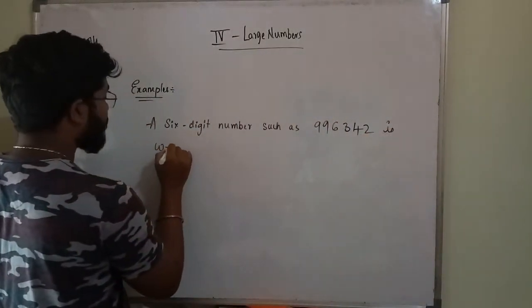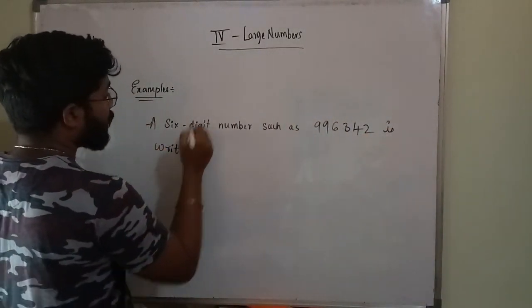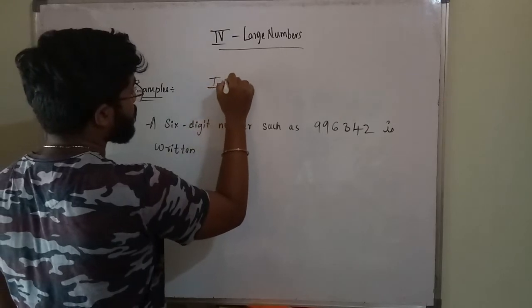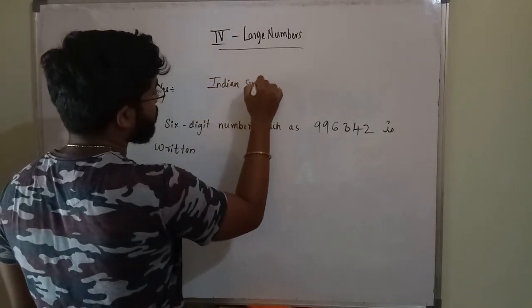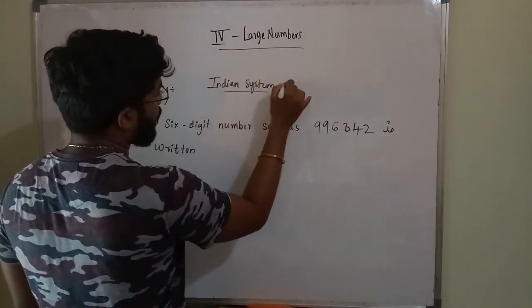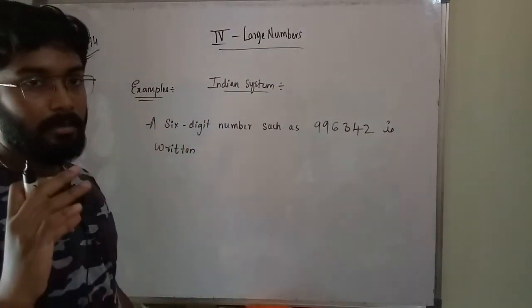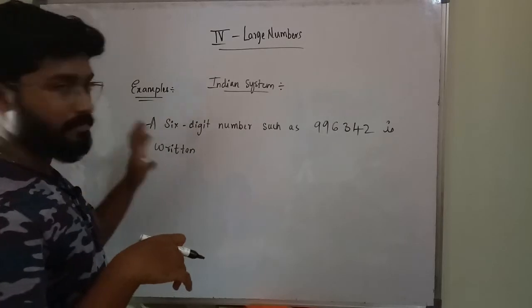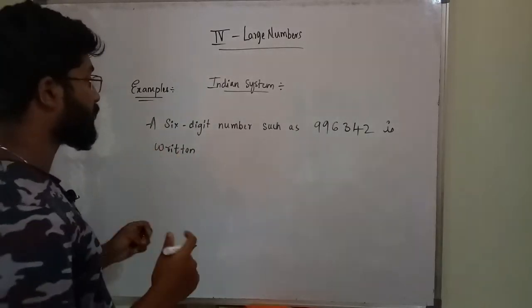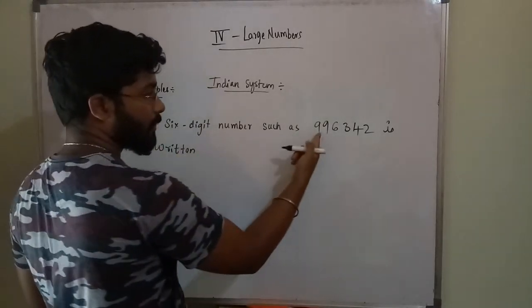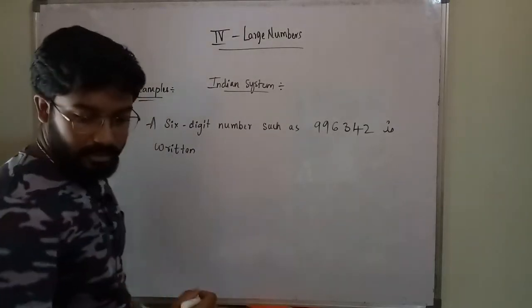So this is an example regarding the Indian place value system. We have seen the table in the previous class, and for such a table, this is the example. A 6-digit number such as this number is written as.